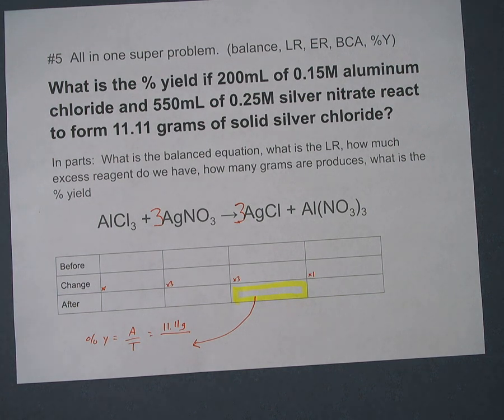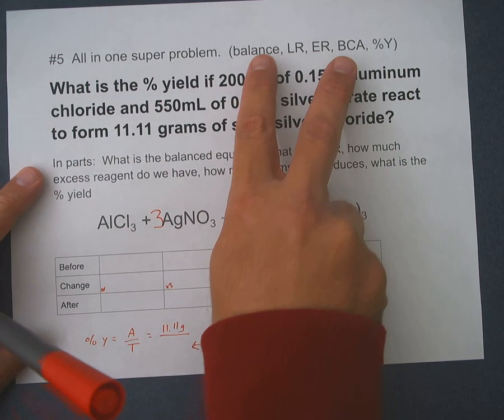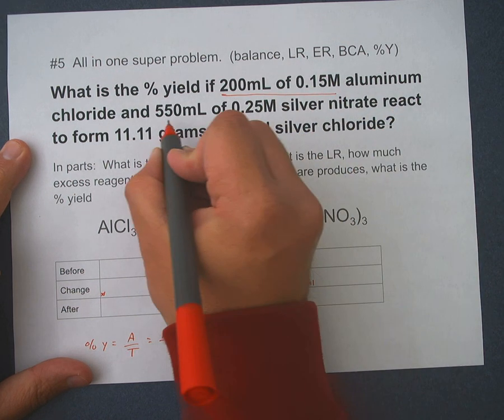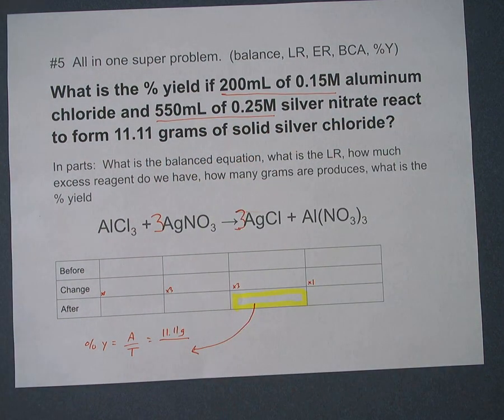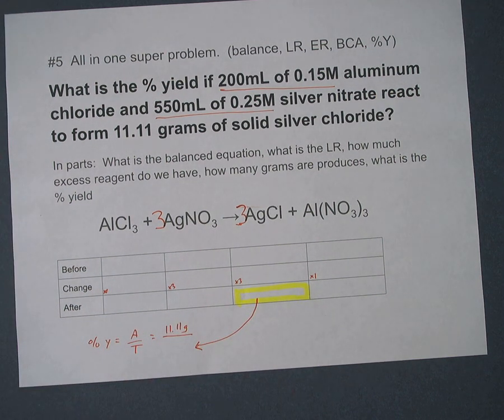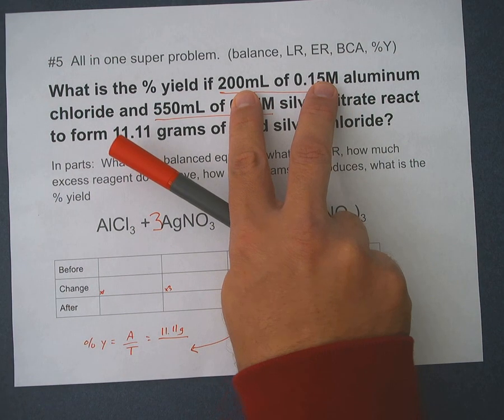Okay. Now how do we do this table? Well, in this table here we have 2 pieces of starting information, and both of those can be changed into moles to put into the before, and then we've got to figure out what's going to run out first. Okay. So how do we take this first piece of information to get to moles?